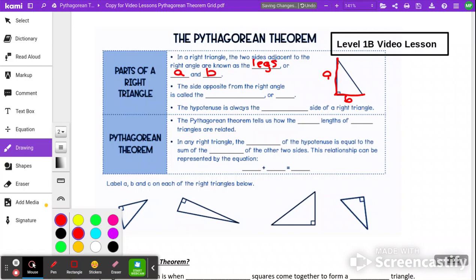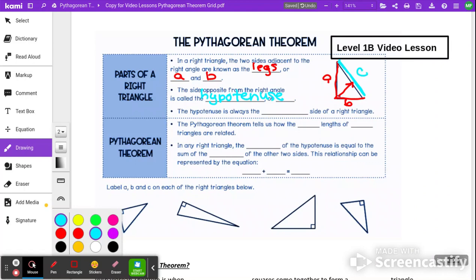The side opposite of the right angle is called the hypotenuse. This is the side opposite the right angle. It is known as the hypotenuse. And we use the letter C to represent the hypotenuse.